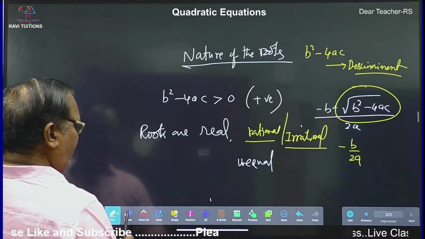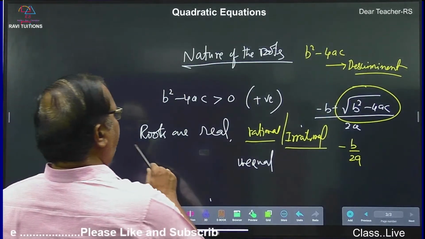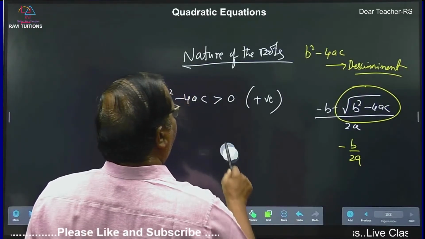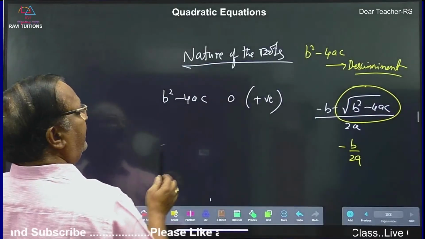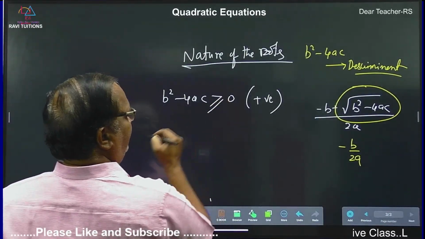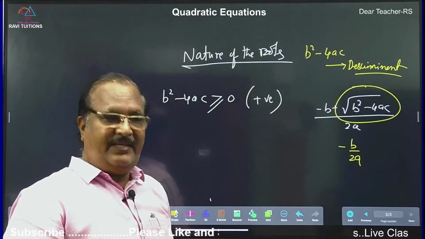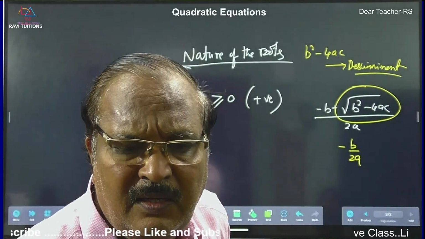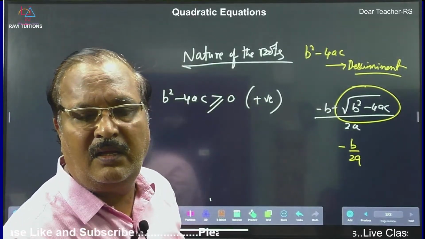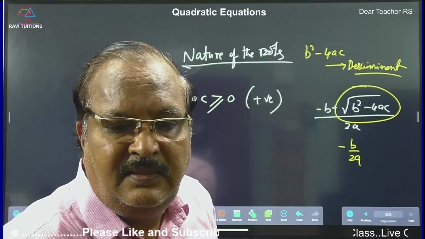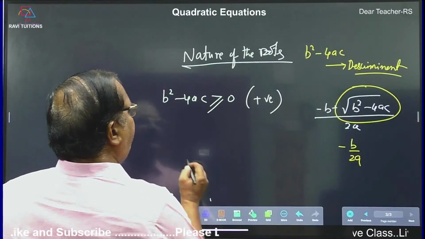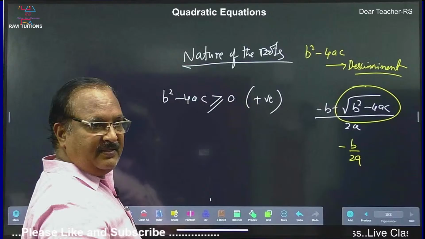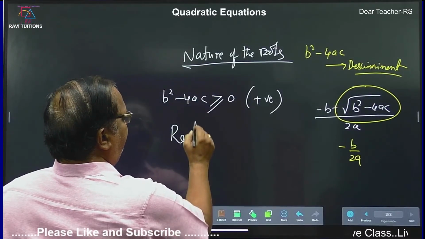Now some people, in the place of greater than, will put greater than or equal to 0. That means they will add equal to also. So equal to 0 means real, and in both the cases the roots are real.